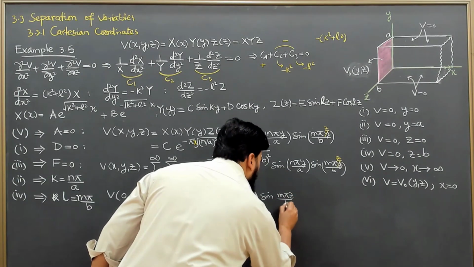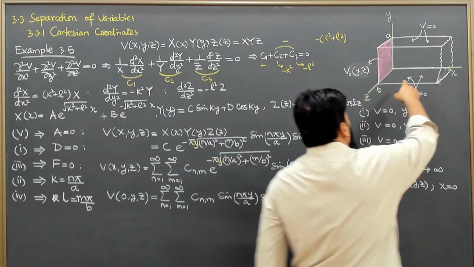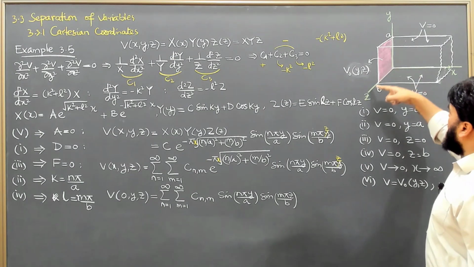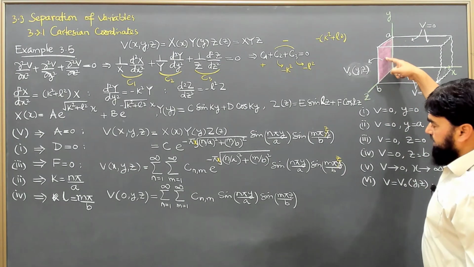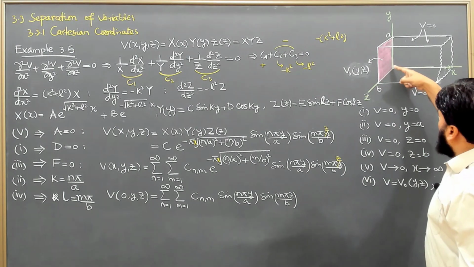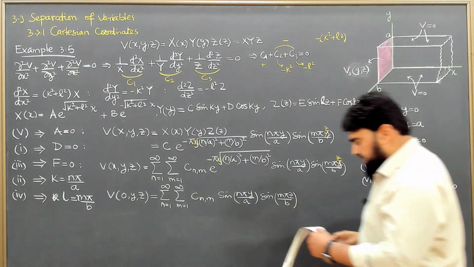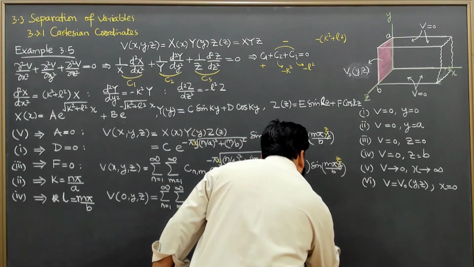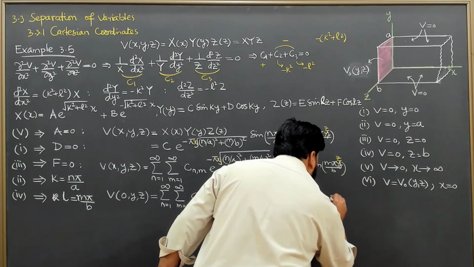Now when I put x equal to 0, and there is the width and the length of this plate here, so at x equal to 0 the potential is V naught, and this will be equal to V naught here.